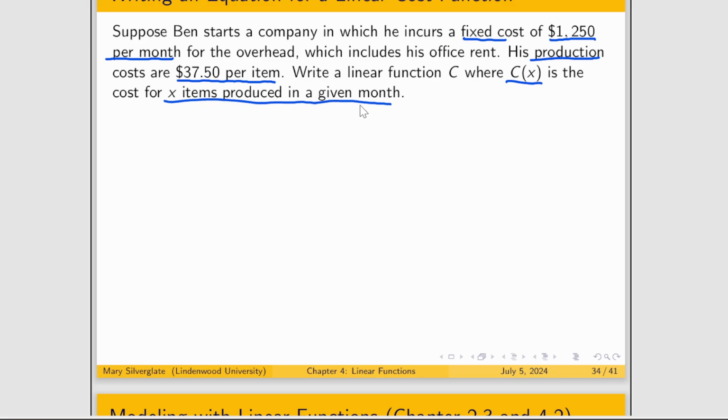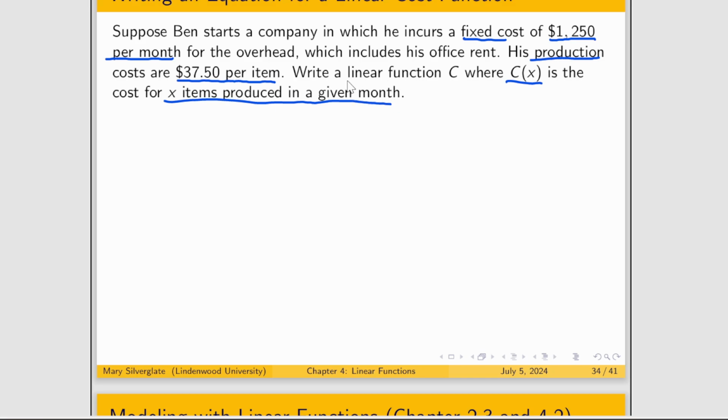Now, it might initially throw us off that we've got two different scenarios where there's a per part. But we want to think of which of these is actually talking about how the output is changing with respect to our input. In this case, our input is items produced. It's not actually months.